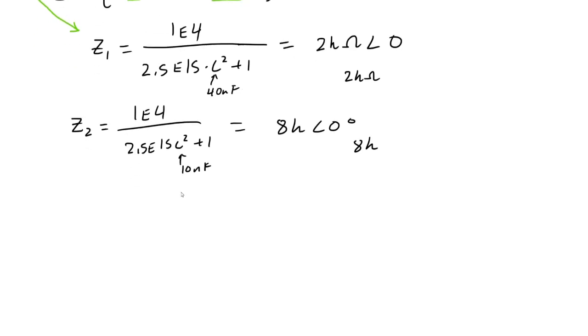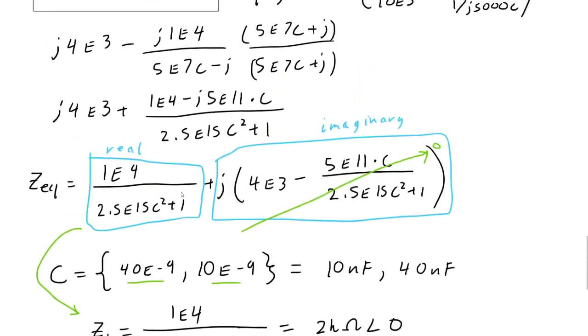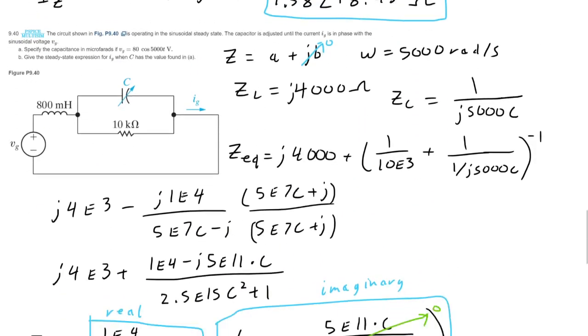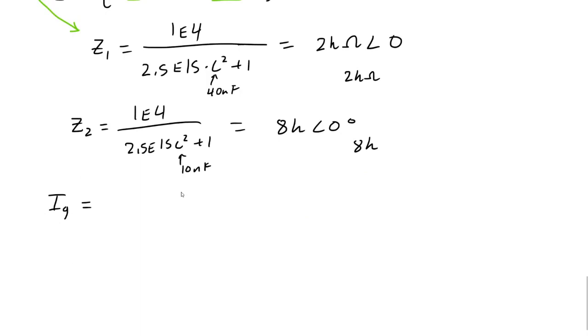Now if we want to find out what our values for IG are, let me use the capital to be a little bit more clear, and still in the phasors. Our source voltage VG is 80, phase angle 0.